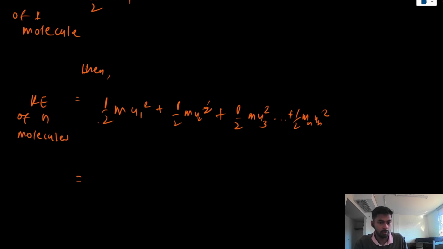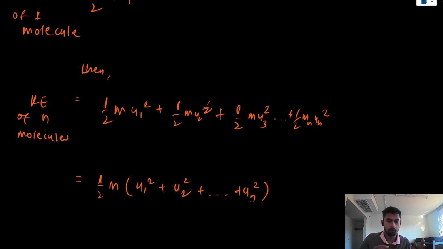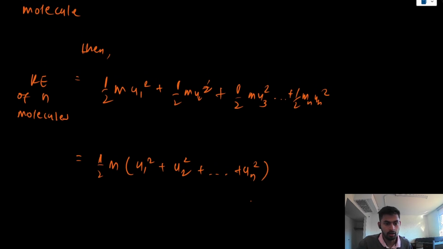Now we know that 1/2 times m is common in each of them, so we can just take it out, and what we will have left on the right hand side would be u1 squared plus u2 squared plus up to un squared.